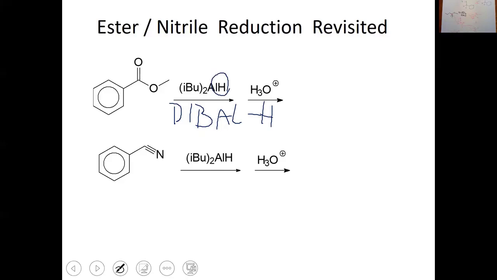That little H on the end is there to highlight, even in the acronym, that there is one H available. So that H attacks the carbonyl carbon, makes a negative tetrahedral intermediate. Fold down, kick out, because you've got a leaving group. So it makes an aldehyde. That DIBAL H is over here on your aldehyde.